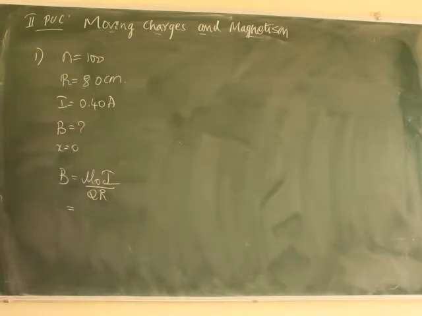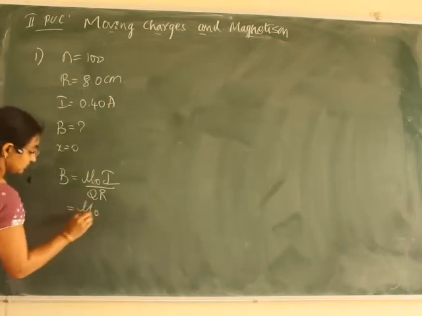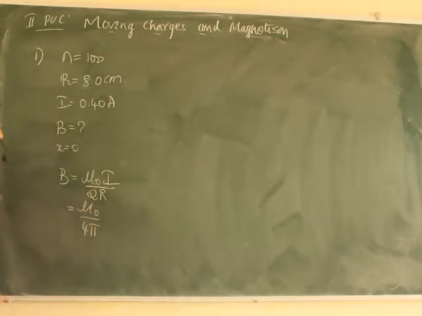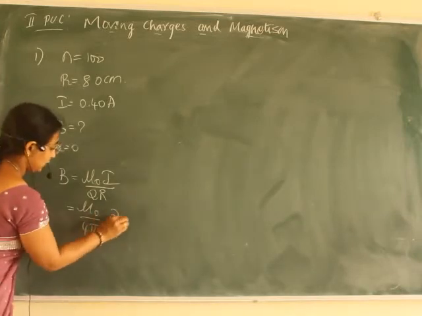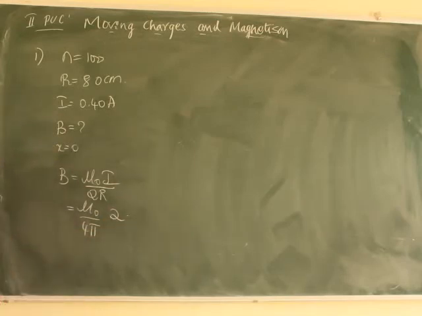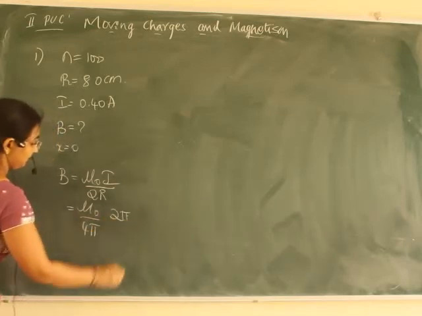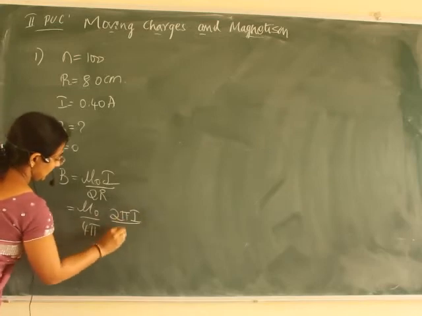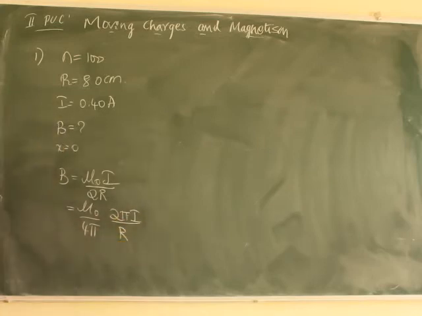See here, mu naught by 4 pi is nothing but 10 to the power minus 7, correct? But mu naught by 4 pi is not there. I want one more 2. So multiply and divide by 2, then 2 pi I by R should be there. Correct? For solving the problems, it will be easy for me.